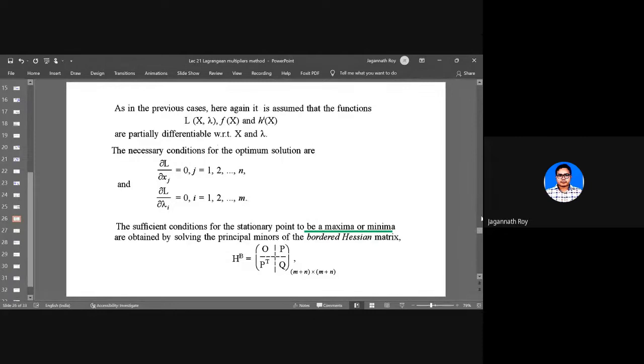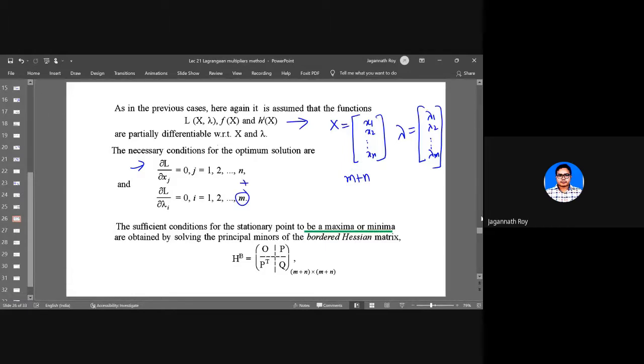So for this function also, we will have the necessary conditions for this optimum. That means, how many variables are there now? X is x1, x2, xn. And this lambda will be lambda 1, lambda 2, lambda m. M different constants. So we have m plus n partial derivatives.